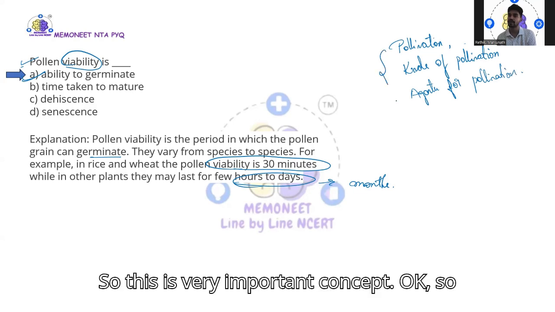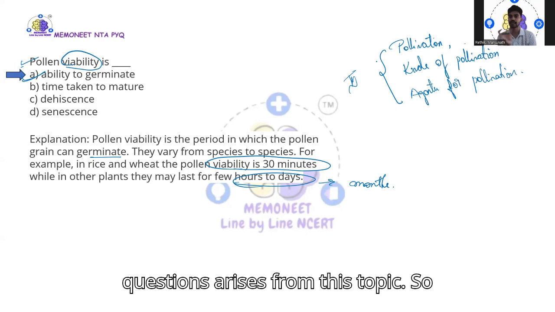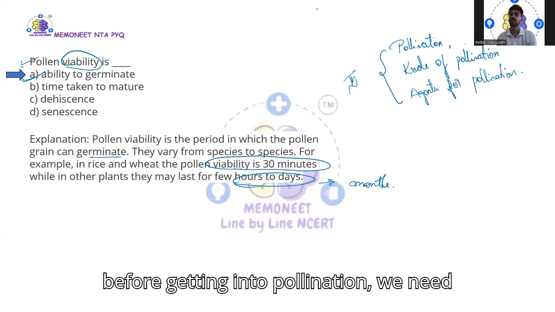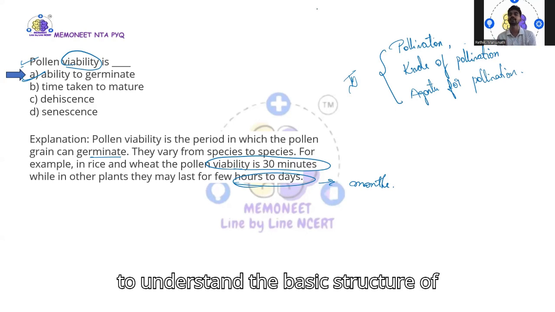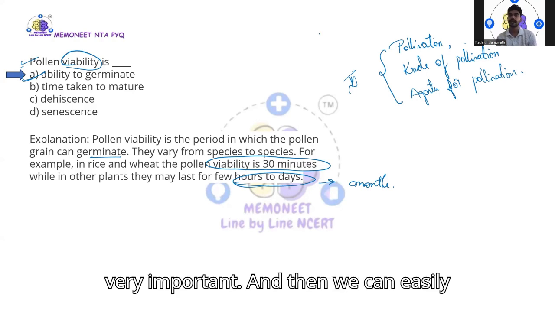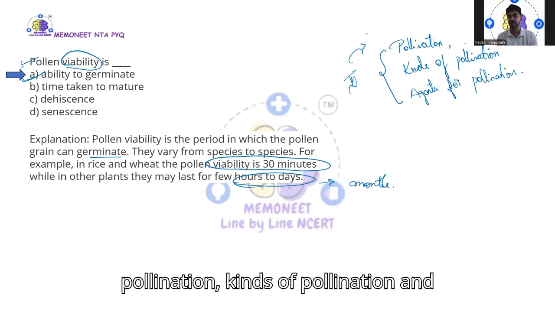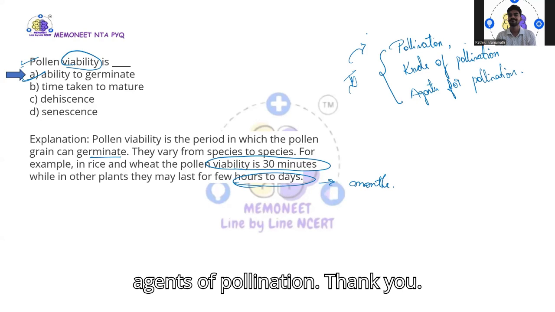This is a very important concept because most of the statement-type questions arise from this topic. Before getting into pollination, we need to understand the basic structure of pollen grains. That's why this video is very important. Then we can easily move on to pollination, kinds of pollination and agents of pollination. Thank you.